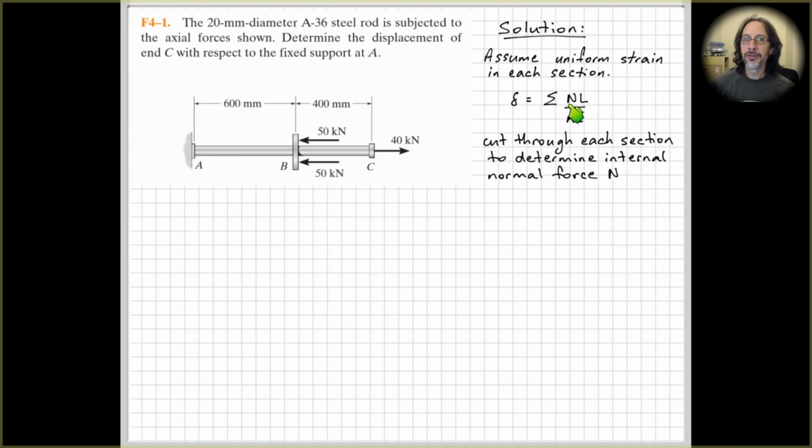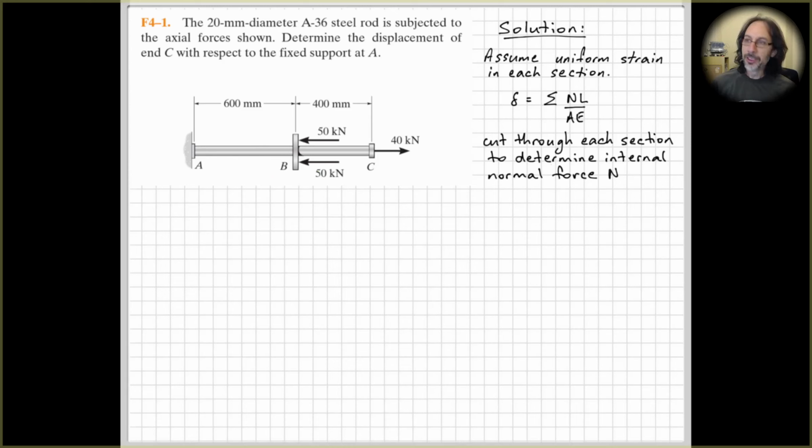You should try and get out of that way of thinking and think about this force in this equation as an internal action. And in this case, we're looking for the internal normal force. Now, in some instances, that internal normal force will be the same as the external force, but not always, as you'll see for section AB.